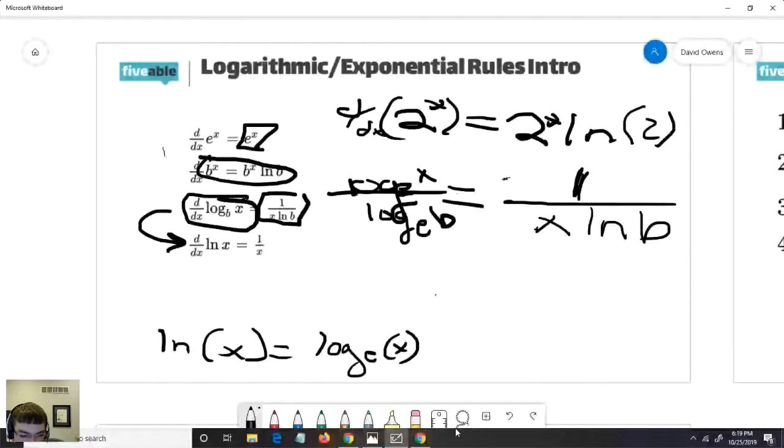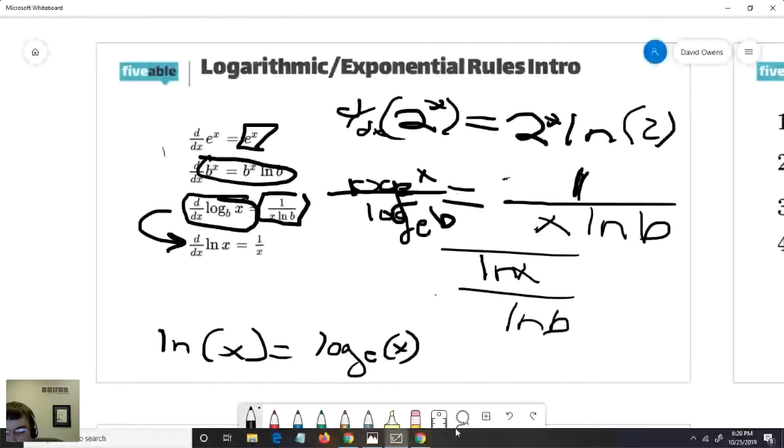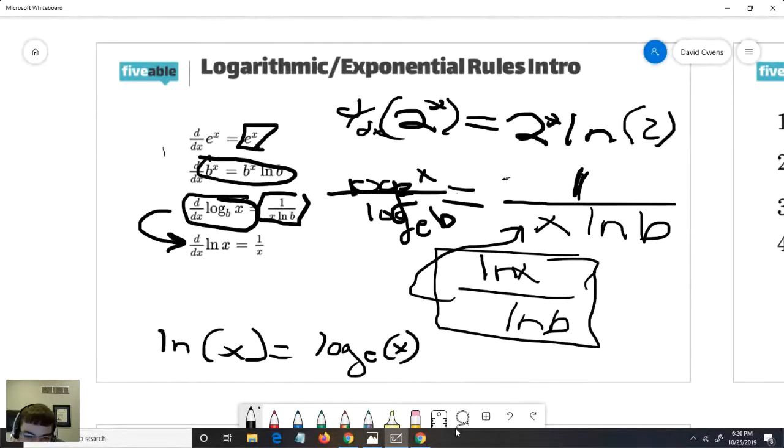So don't worry. If you forget this complicated rule, you can just remember that log base b of x is equal to the natural log of x over the natural log of b. And if you derive this using the quotient rule, you'll get this, because remember, the natural log of b will just be a number.